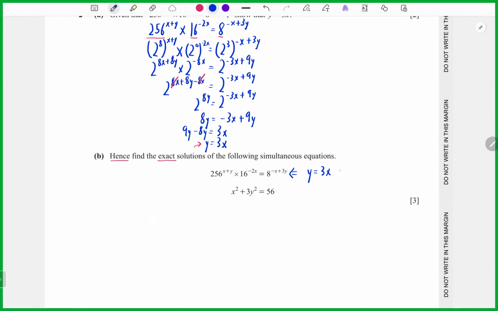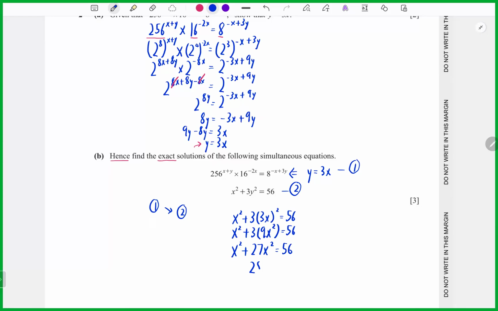I consider this as the first equation and the second equation. For the first equation, I will substitute into the second equation. x squared plus 3y, which is 3 times 3x, equals 56. So x squared plus 3 bracket 3x equals 56, x squared plus 9x squared... x squared plus 27x squared equals 56. 28x squared equals 56. x squared equals 56 divided by 28, we will get 2, right?